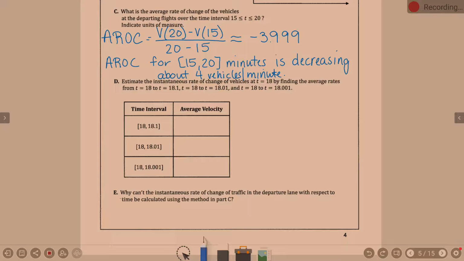So if you recall, for this first one, that means I'll be doing V of 18.1 minus V of 18 over 18.1 minus 18. We're all confident in how to use the calculators here, right? Even if it means you're typing in the equation every time, but that would get really annoying in this lesson, I think. Personal opinion there.